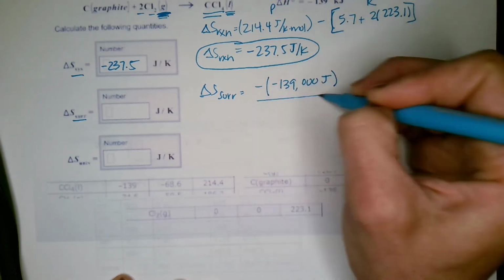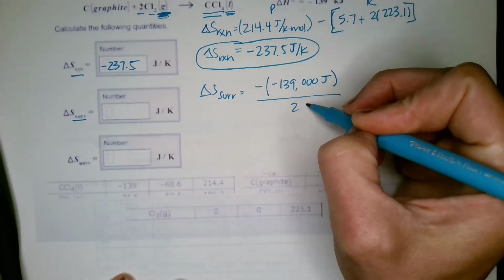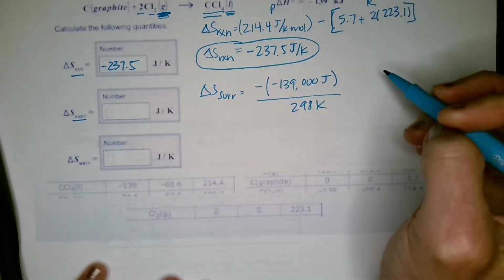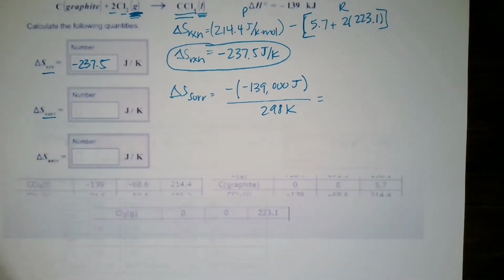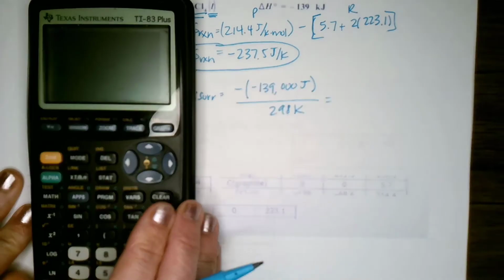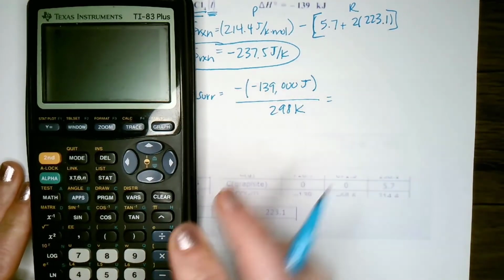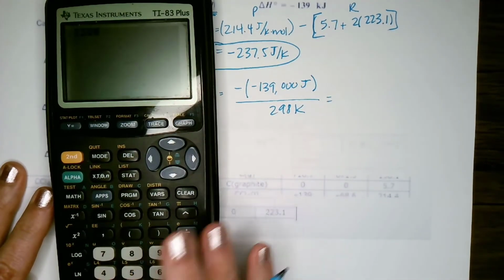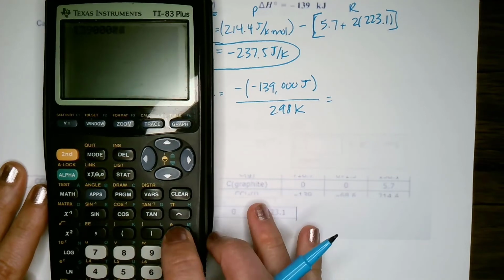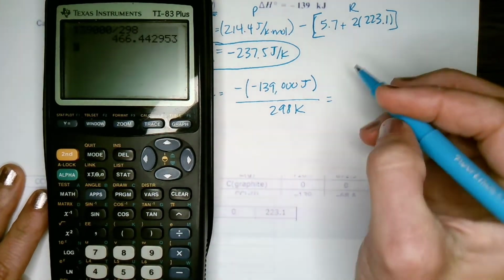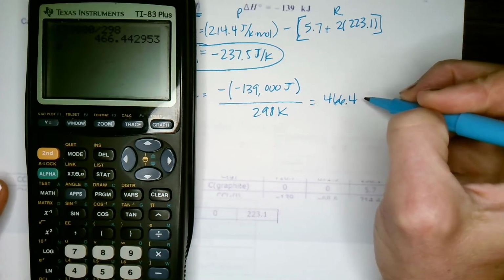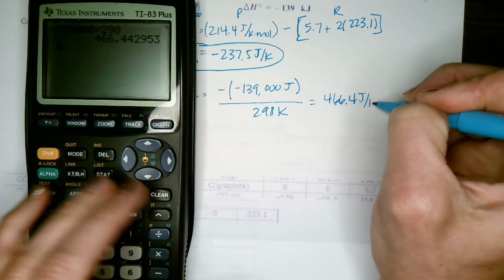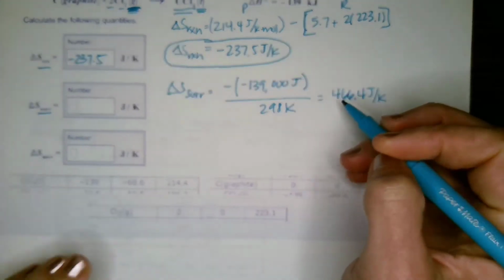And we're going to put that over our temperature of 298 Kelvin. So that will give us joules per Kelvin. So a negative and a negative becomes positive. So I'm going to do 139,000 divided by 298. And I've got 466.4. This is joules per Kelvin for our surroundings.